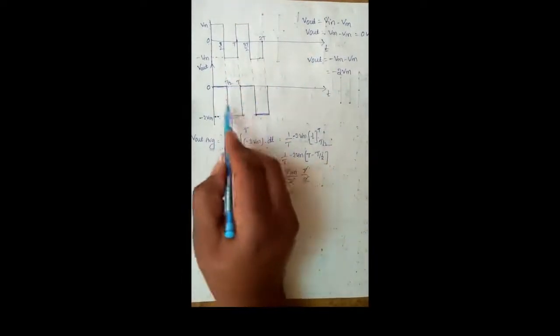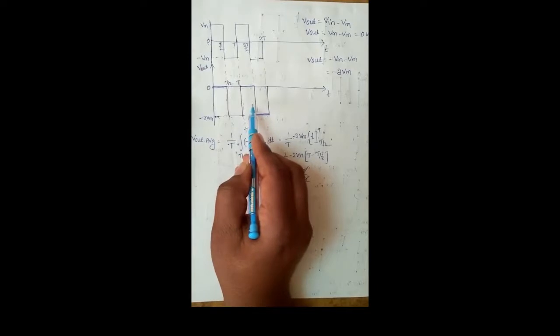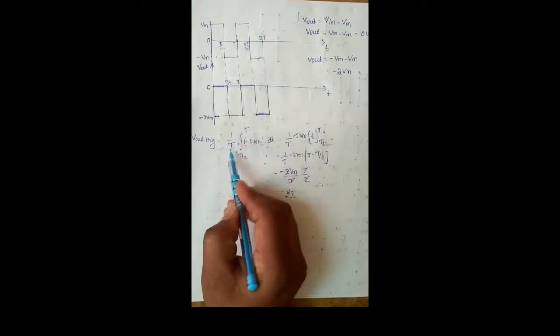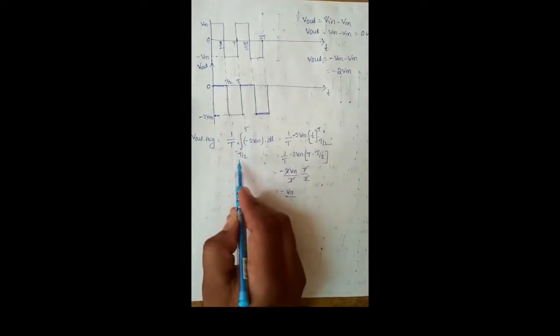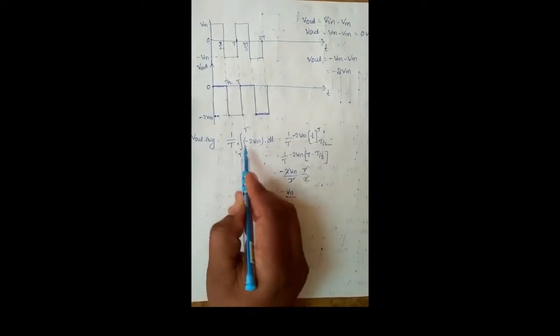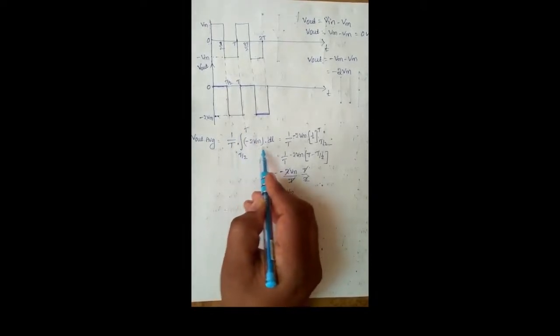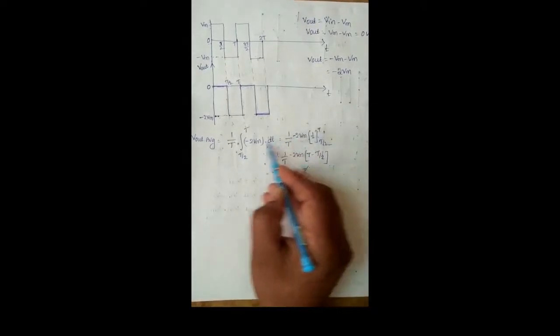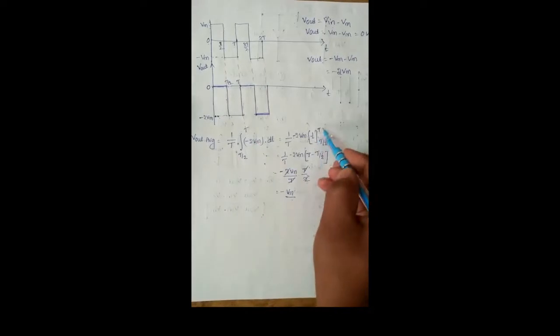And in this waveform, we need to estimate the DC voltage, that is Vout average equal to 1 by T times the integration from T by 2 to T of minus 2Vm dt, that is equal to 1 by T times minus 2Vm. We integrate to get t, with the upper limit T and the lower limit T by 2.